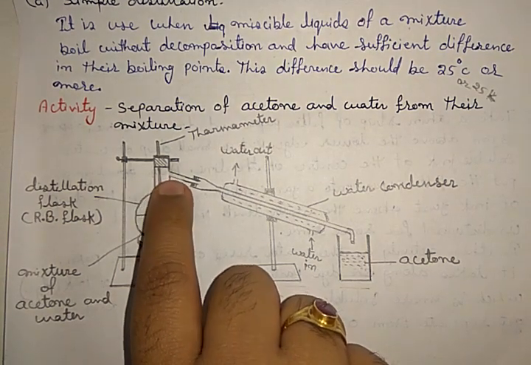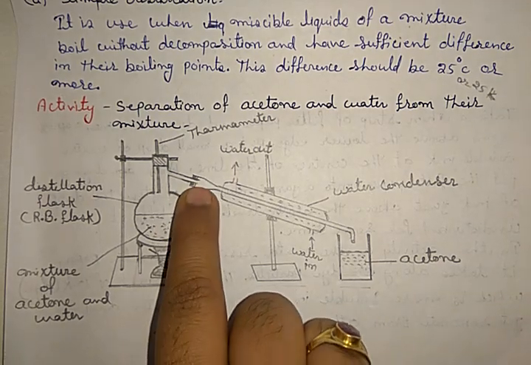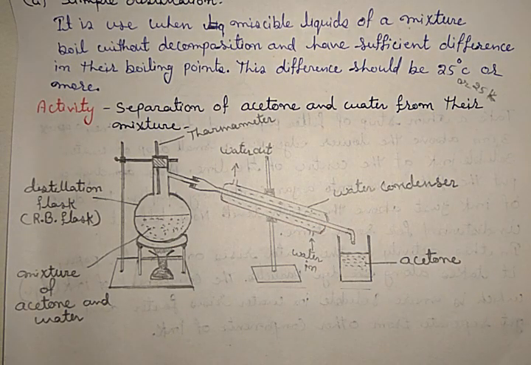In its upper portion, there is a tube-like structure which attaches to the condenser assembly. It is called the condenser assembly because the process of condensation takes place here.